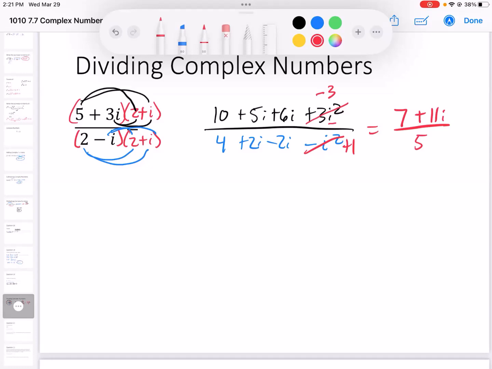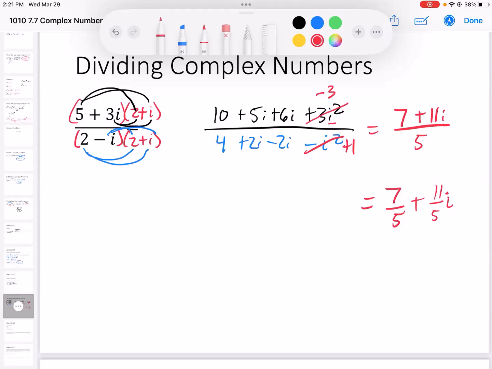We started with 2 complex numbers that were being divided, and now we just have 1 complex number. You could write it like this, or you could also write it as 7/5 plus 11/5 i. Because remember, a complex number has a real part and an imaginary part. So this is the real number part, and this is the imaginary number part.